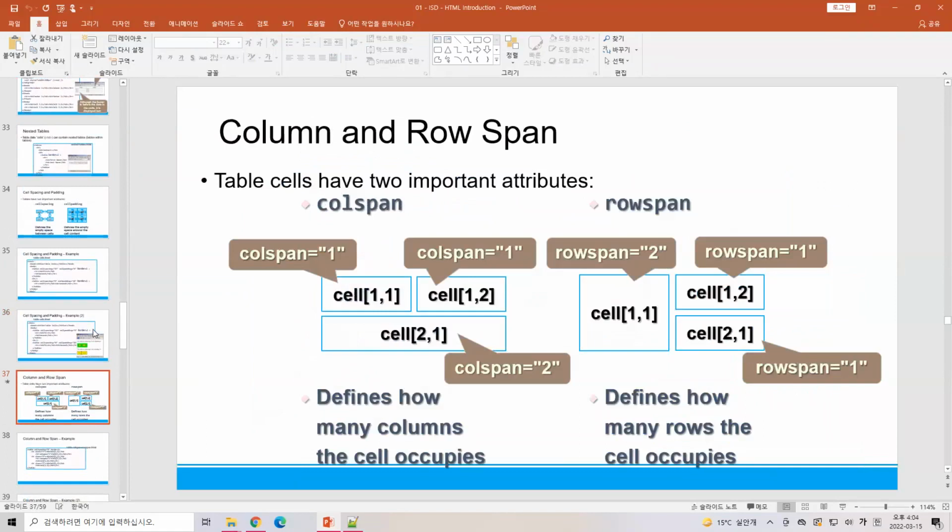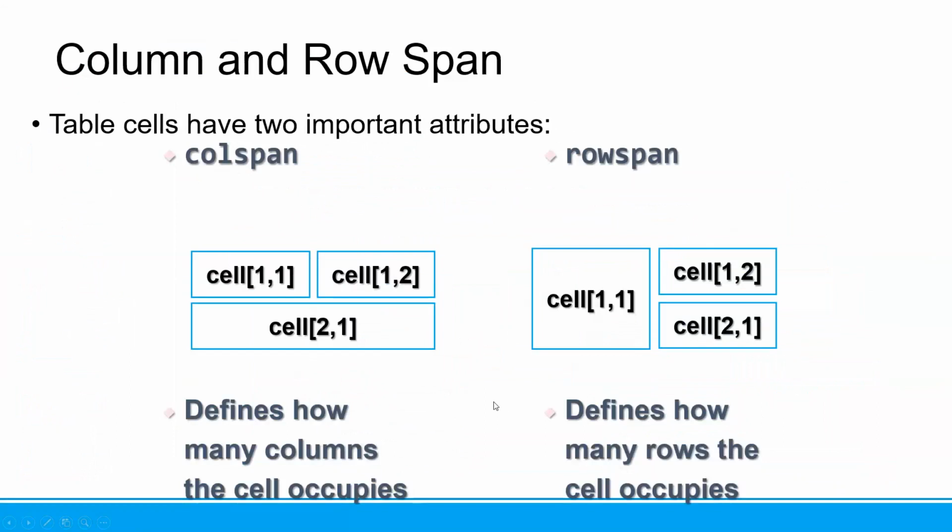Now there will be some kind of unique table. For a table which contains rows and columns, we can also define the span. For example, the first row contains 2 cells, but the second row contains only 1 cell.